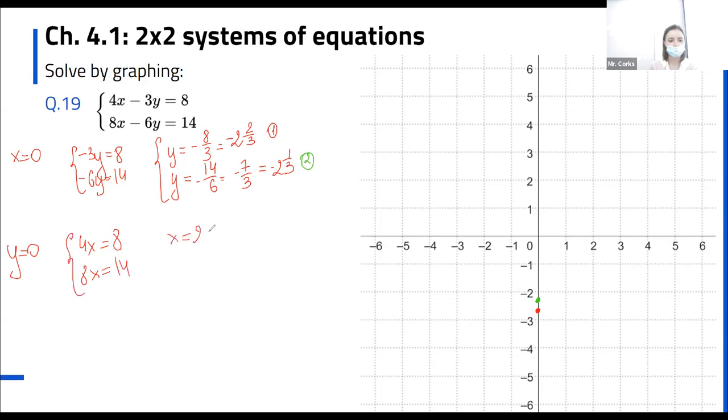So here x equals 1 and here x equals 14 over 8, which is 7 over 4, which is 1 and 3/4.